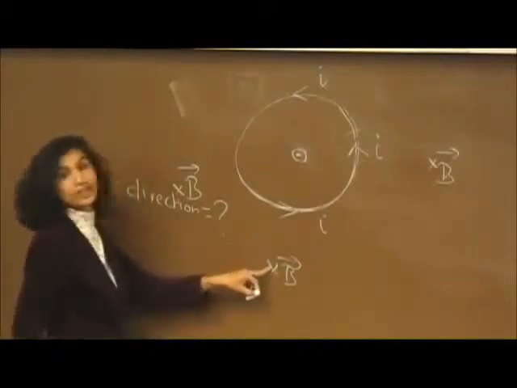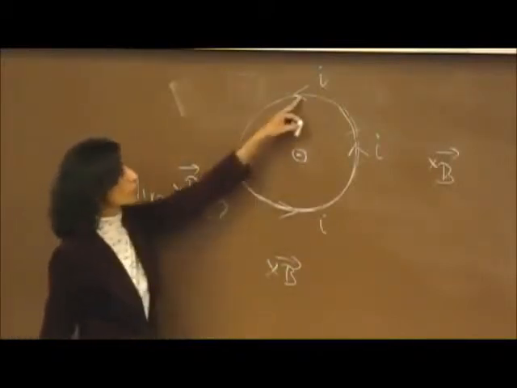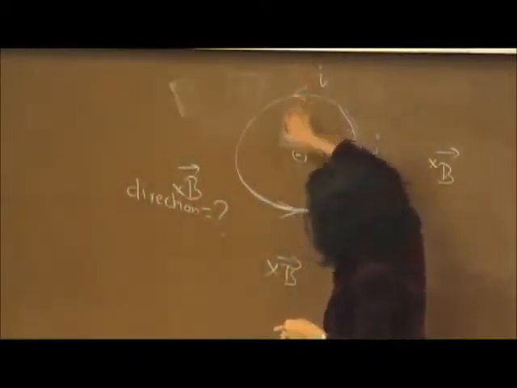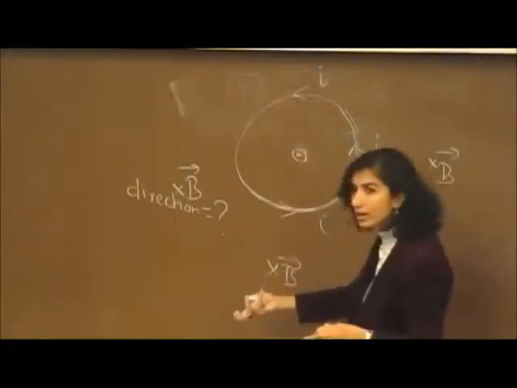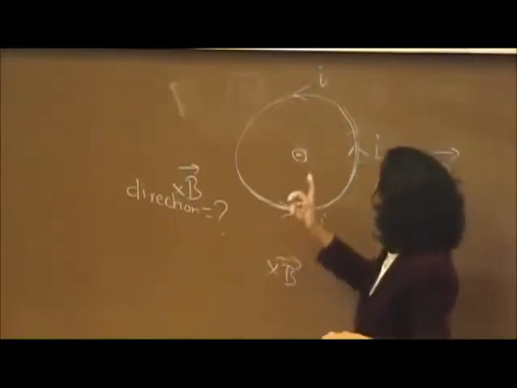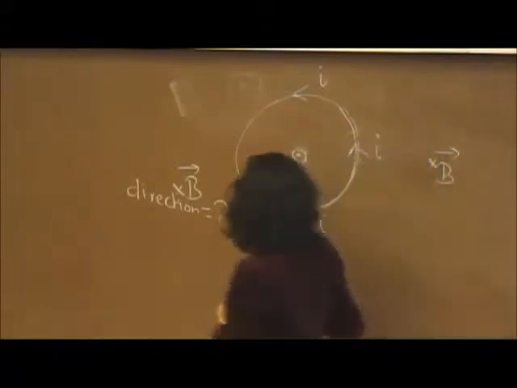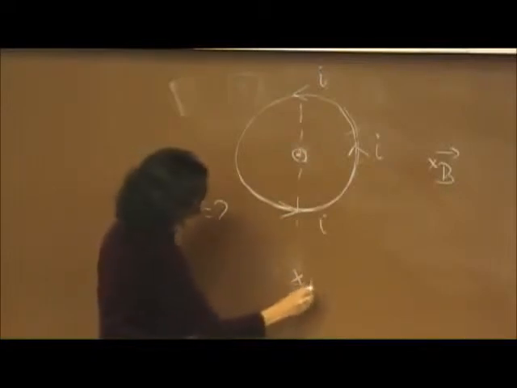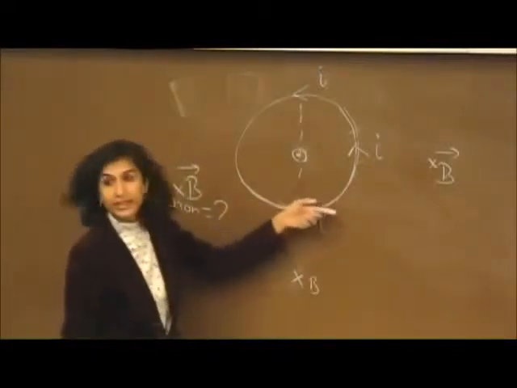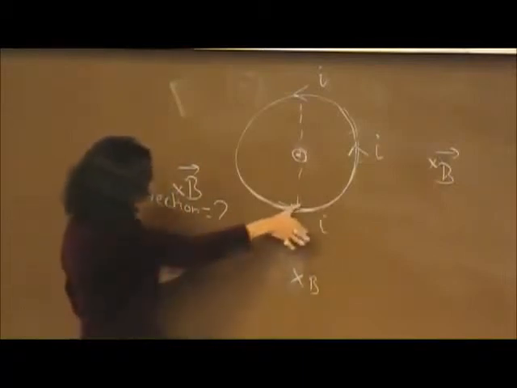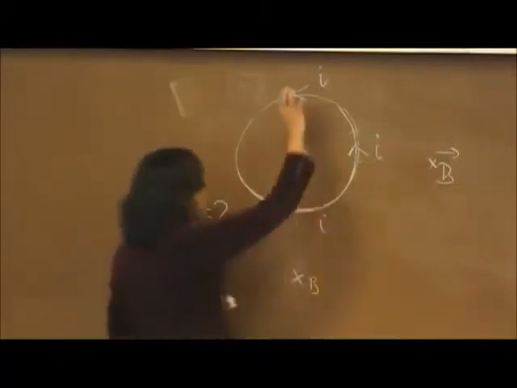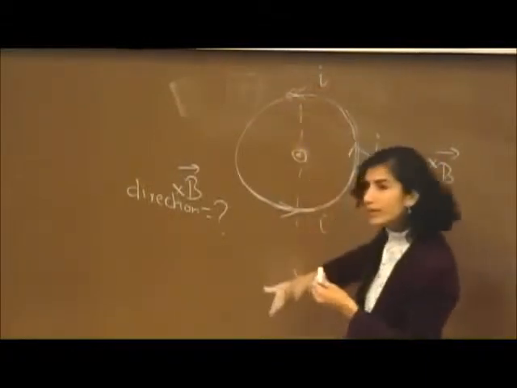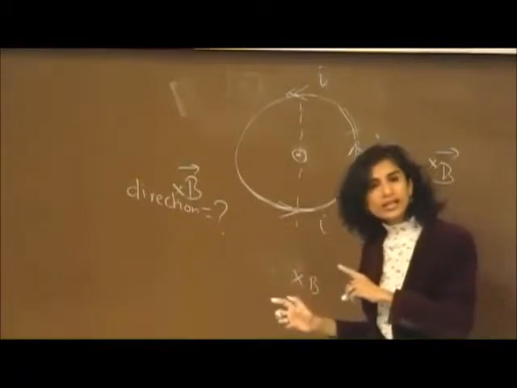Outside, you might say, oh, what about due to this part of the wire? It's true that for this part the magnetic field here is going in, and everything here is coming out, right? But if you are looking at some point like this over here, then the magnetic field due to this current here is going to be stronger than the magnetic field due to some segments here. But I want you to focus on inside.